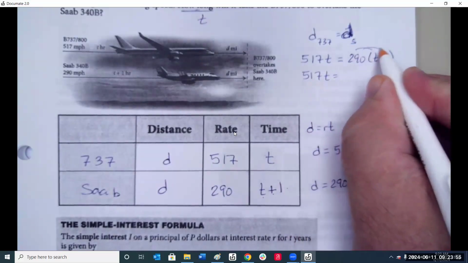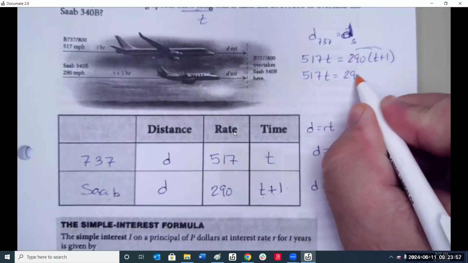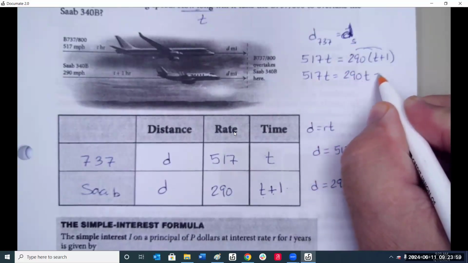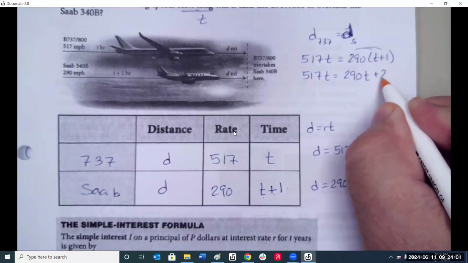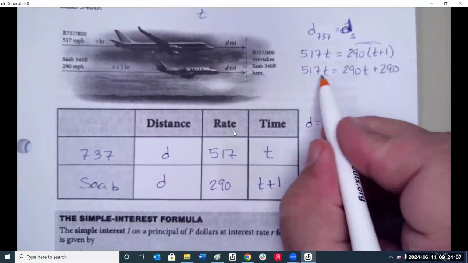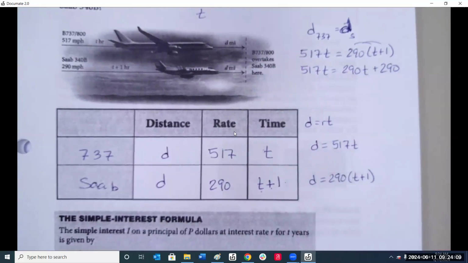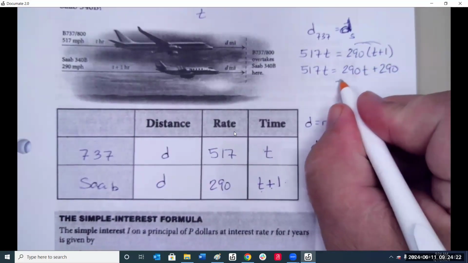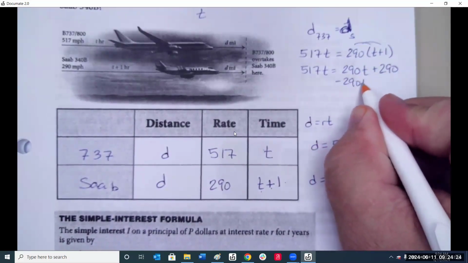We have to distribute that one. We have T's on both sides, so which one do we move? Move the smaller to the larger, correct. So the smaller one's 290, so we subtract 290 from both sides.